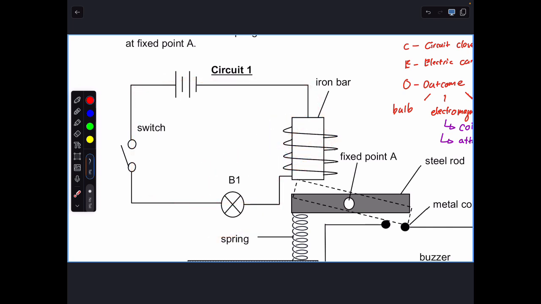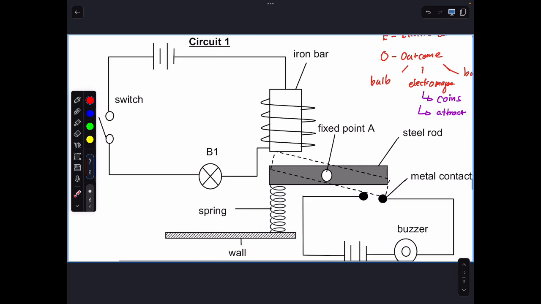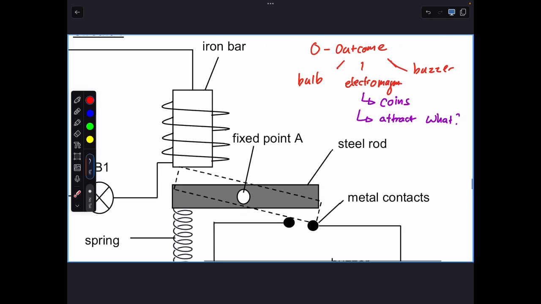I also know that this becomes an electromagnet. Because this is an iron rod, and I have to talk about what it attracts, it will attract my steel rod. So this will then go upwards.